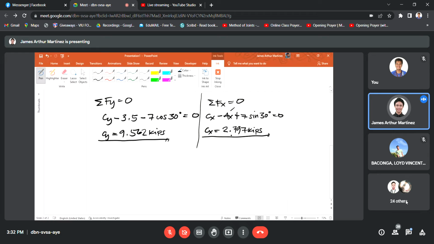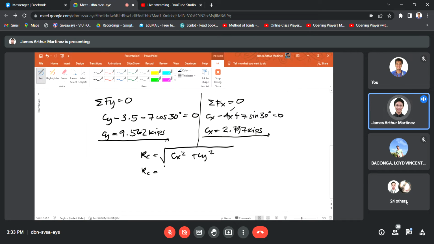Alright, so we now have the components of the reaction at C. So we can compute directly its magnitude, or the total reaction at C. So, it's just the square root of Cx squared plus Cy squared.